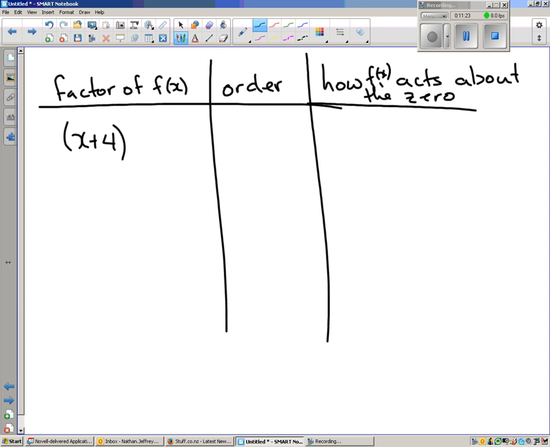Okay, to find the order, look for the exponent of that factor. So what is the order of x plus 4? So of order 1. Okay, how is our function going to behave as it crosses at negative 4? It's going to switch signs. It's going to act like a straight line.